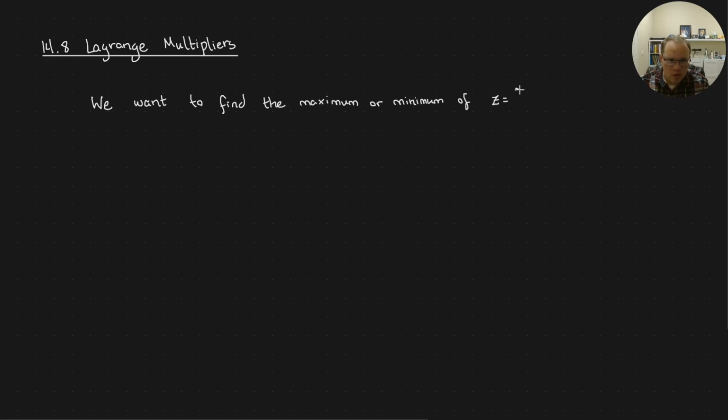So we could write that multivariate function as z equals f of x, y, but we want to set it subject to a constraint, which we will represent as setting some other function equal to 0.